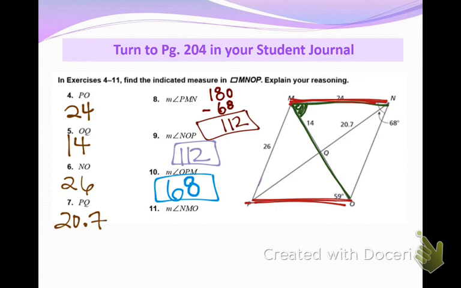Transversal. There are special relationships with a transversal, and one of them is called alternate interior angles, meaning they alternate across the transversal. What do you know about alternate interior angles? They're congruent. So that means that the angle we're looking for, NMO, is also 59 degrees. That's why 59 is there.